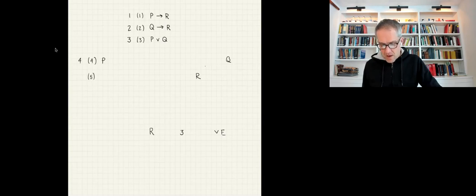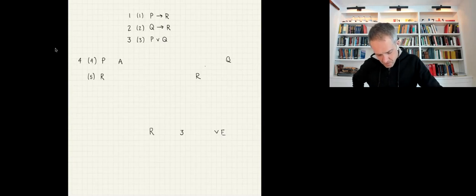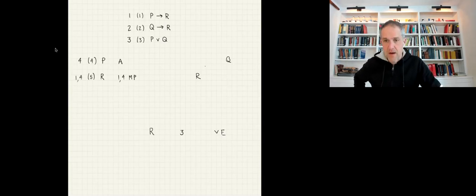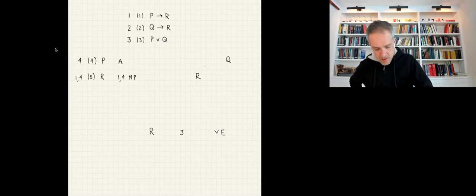Now from 1 and 4, we get R by modus ponens. So this is a supposition, line 4, then 1, 4, modus ponens. As usual, we collect the numbers. So 1, 4 on line 5 gives us R. Okay, now let's repeat on the right-hand side.